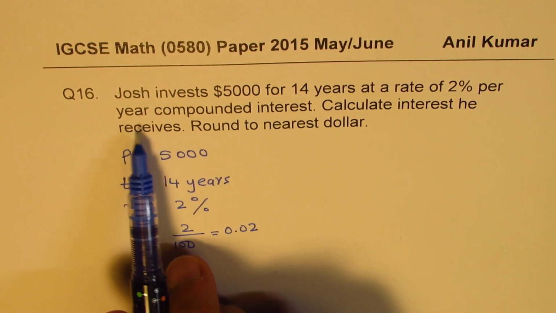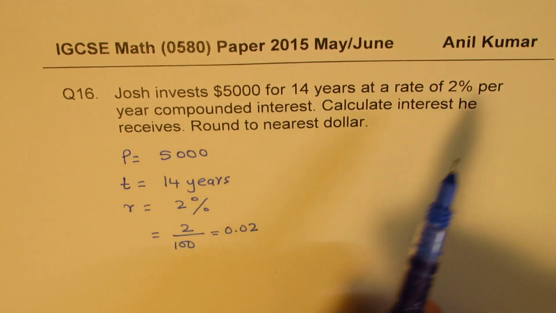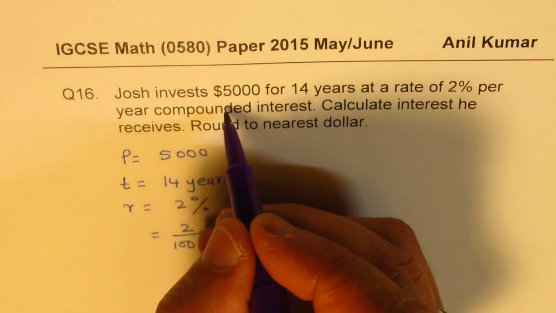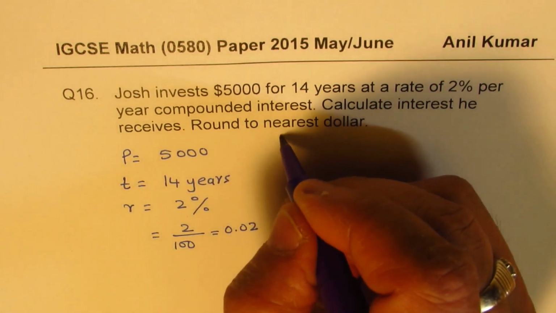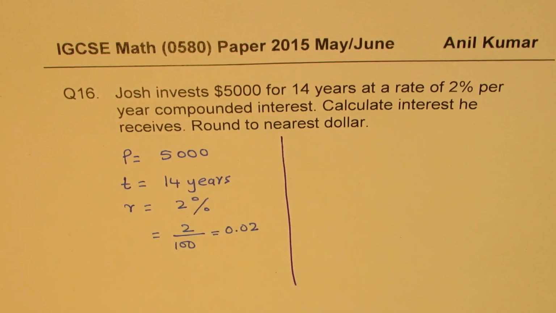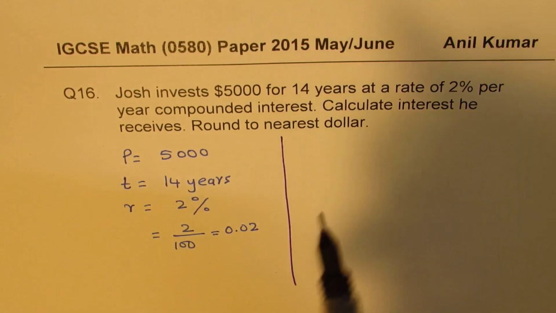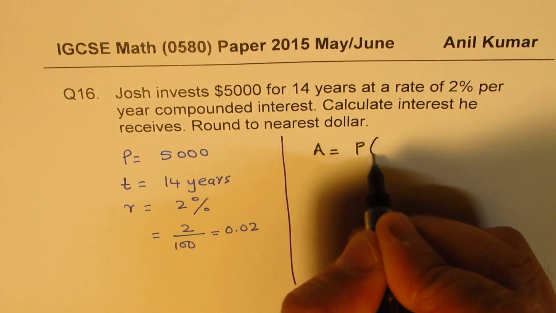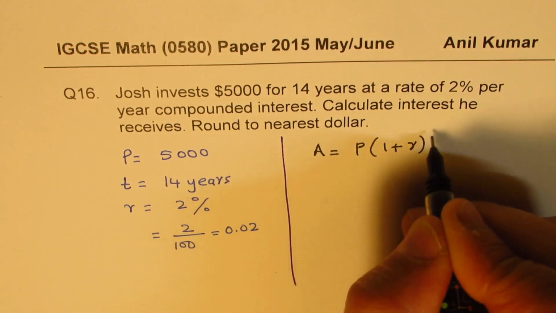It's compound interest. So 2% per year compounded. When we say just compound interest, that means per annum, so compounded annually. Now, the formula for compound interest is that the amount is equal to the principal amount times 1 plus r to the power of t.